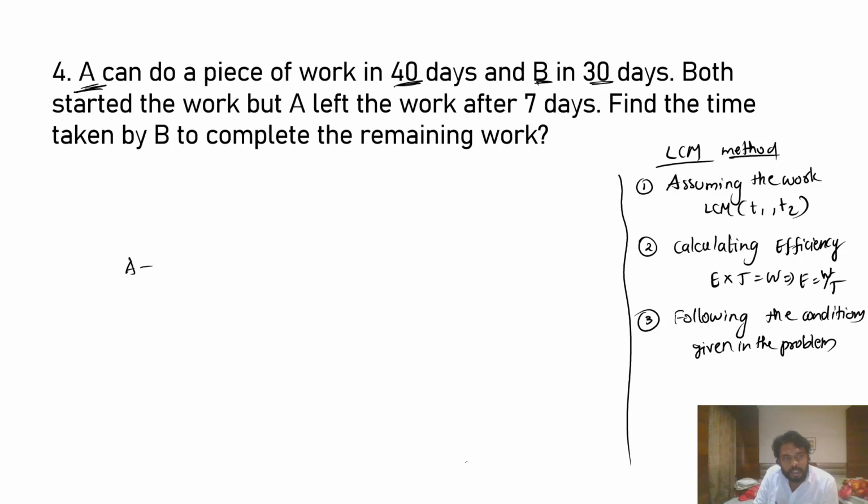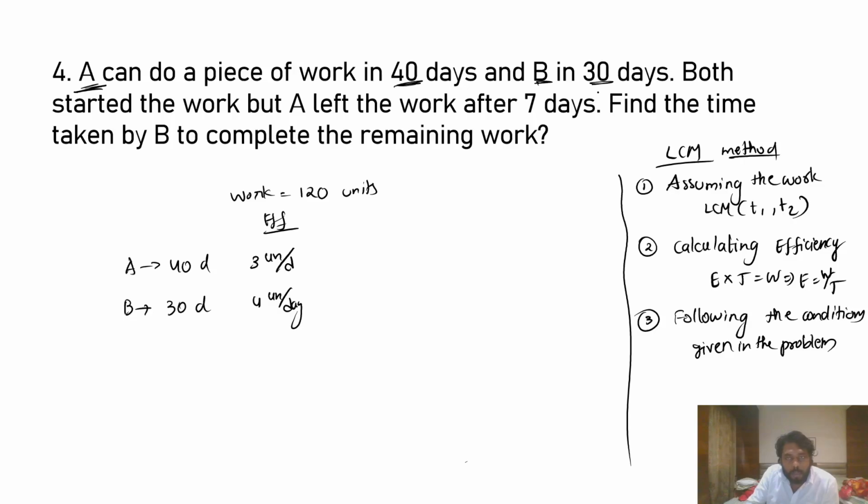So A 40, B 30. Then what is the LCM of 40 and 30? That is the work, which is 120 units. Now calculate efficiency. Efficiency of A would be 120 by 40, which is 3 units per day. And what is the efficiency of B? 120 by 30, which is 4 units per day.